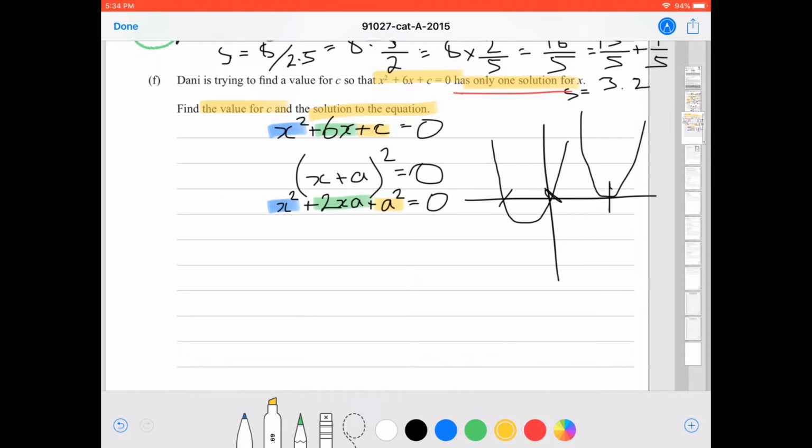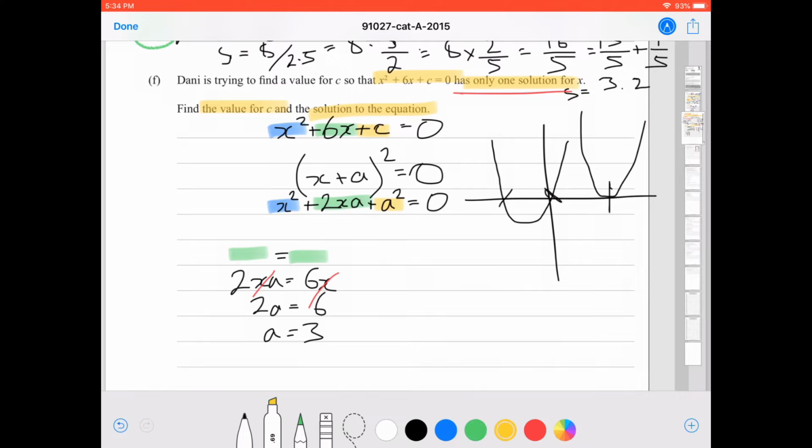Okay, so we could say, for example, green equals green. And so we could say 2xa equals 6x. Now, our x's cancel. We're left with 2a equals 6, and therefore a equals 6 over 2, which is 3.